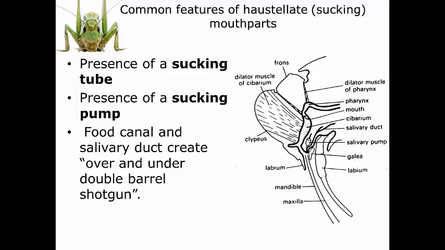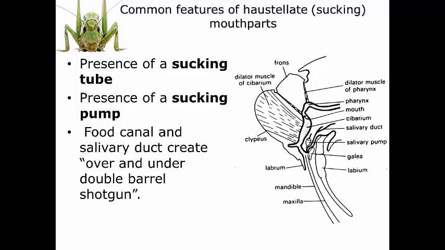The presence of a sucking tube like this necessitates the presence of a sucking pump. The sucking pump is what creates the negative pressure inside the preoral cavity that is necessary to draw food into the mouth. Think of it as if you had a straw in your mouth, right? You have to form that negative pressure in your mouth in order to get the liquid up into that straw.